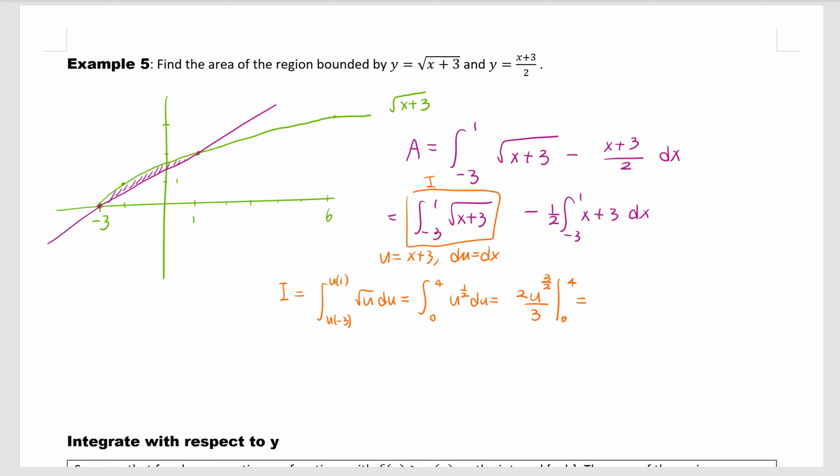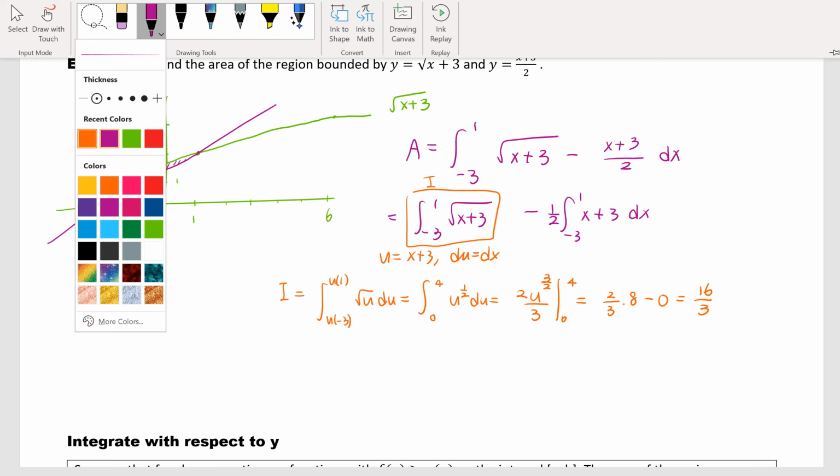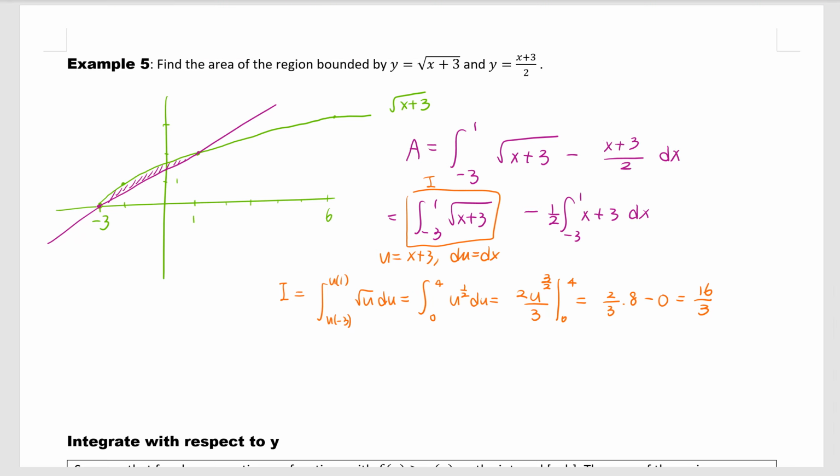Evaluate from 0 to 4. We plug in 4 first. Square root of 4 is 2, cubed is 8, minus 0. So that's 16 over 3. So I equals 16 over 3.